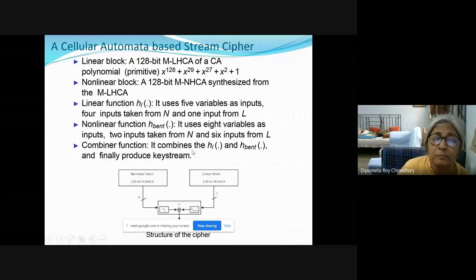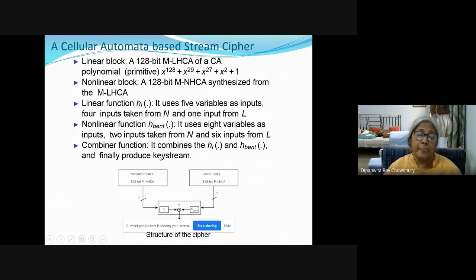This is very important, because if you give only a linear function, then some attacks happen. If you take only the bent function, then finally, because this is the output, it becomes non-linear. And as I mentioned, power attack affects non-linear functions more.